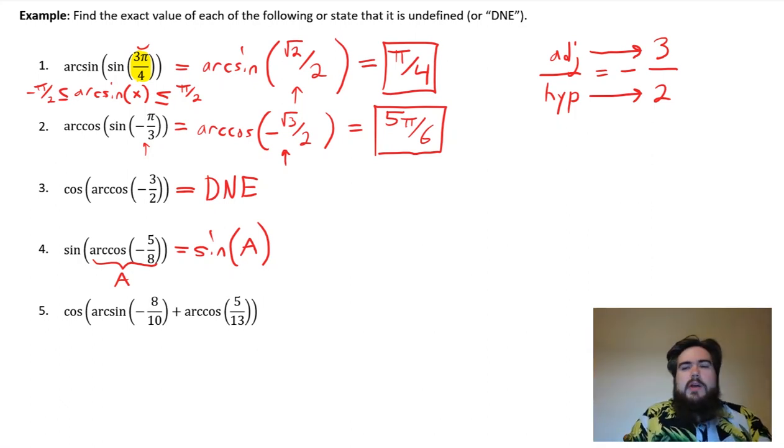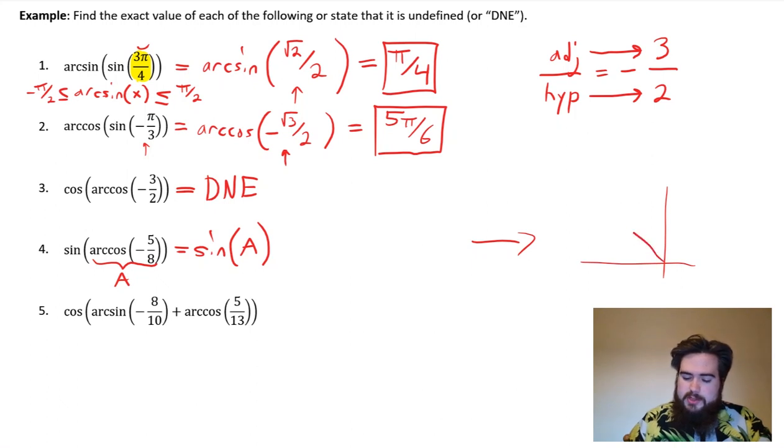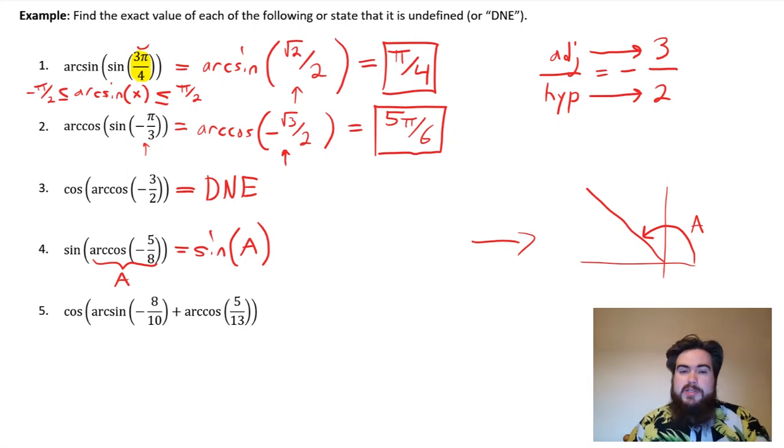Well, arc cosine can only refer to angle measures in quadrant 1 and 2, between 0 and pi. And because it's a negative ratio, it would have to be in quadrant 2. So really, this was referring to a triangle in quadrant 2, specifically an angle measure in standard position for A in quadrant 2. And I could draw a right triangle down in quadrant 2 to represent A, or really its reference angle. I'll call it A prime, but I'll use A for simplicity.